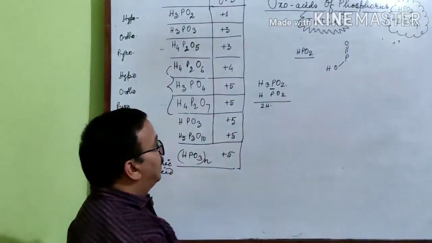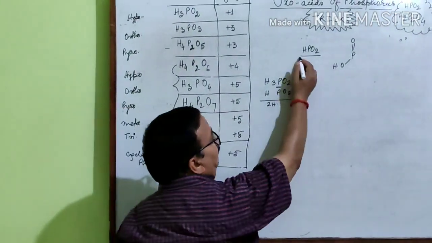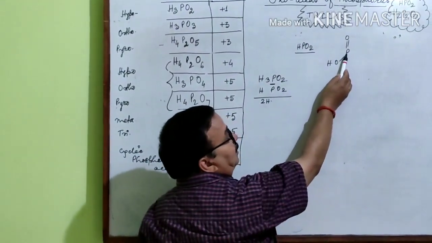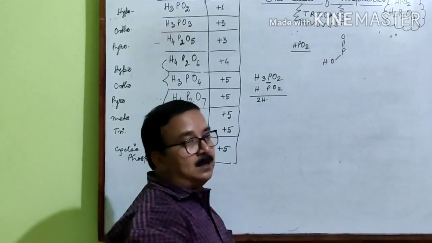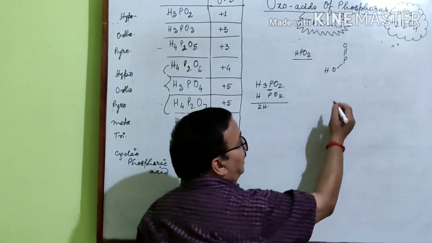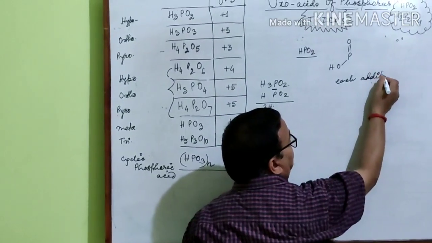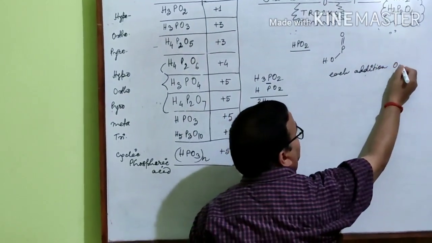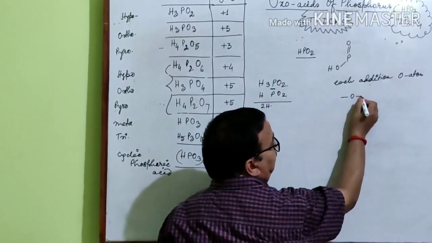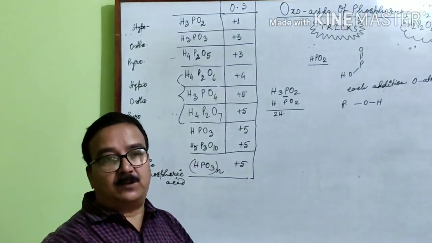So the basic unit in these oxoacids is HPO2, and in HPO2 there will be a double bond between phosphorus and oxygen and a single bond between P and OH, and for each additional O atom there will be a single OH bond which will be attached with phosphorus.